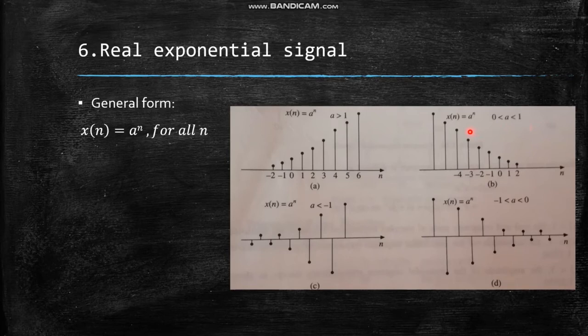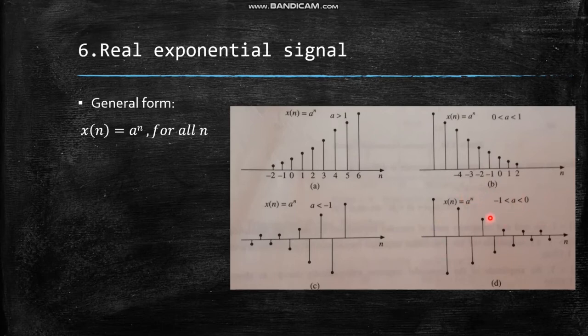Here in this case we get an exponentially decreasing signal. x of n is exponentially decreasing in this case. Third one is when a is less than minus 1, that is a is a negative value, and x of n is equal to a raised to n. We get alternating positive and negative signals, and even if it is alternating, it is exponentially increasing in this case.